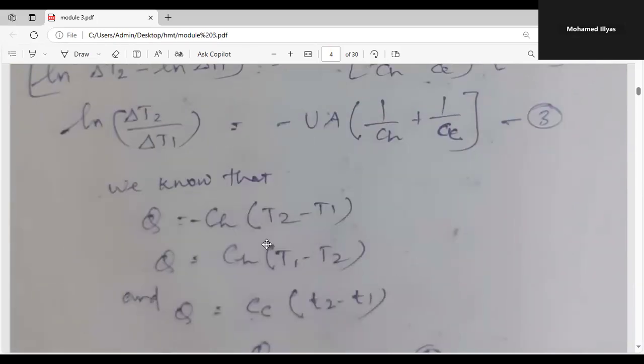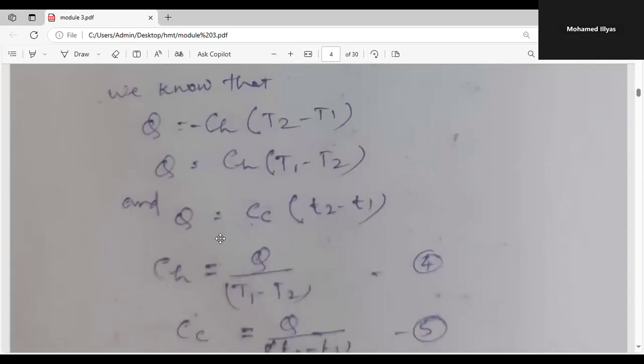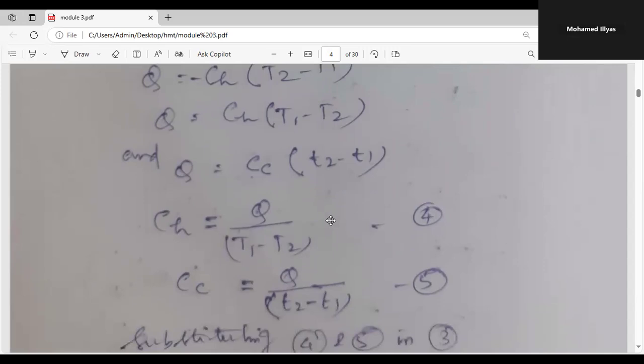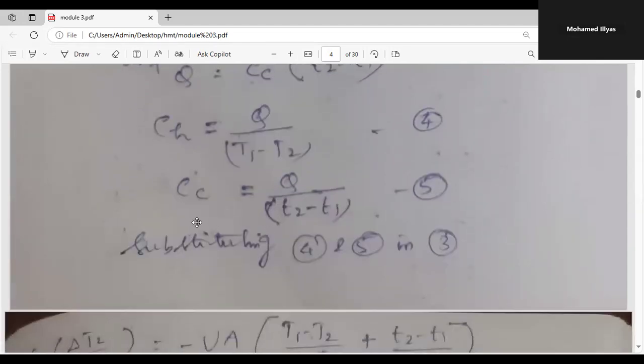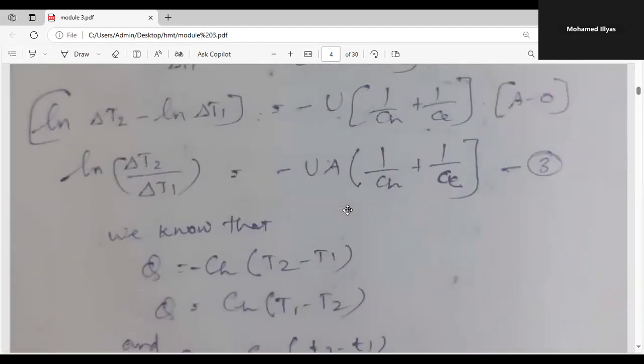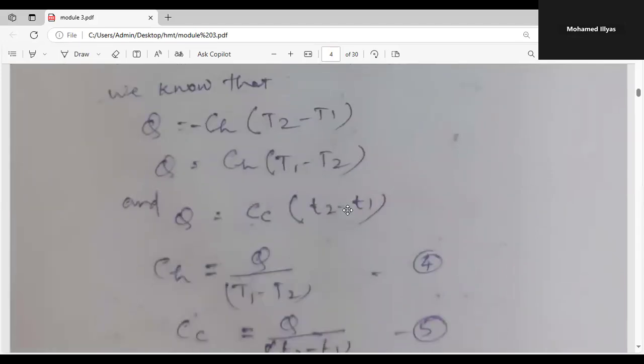And from the energy balance equation, we can write q equal to ch into (T1 minus T2) for the hot fluid, and for the cold fluid we can write q equal to cc into (t2 minus t1). And we can keep ch on the left hand side and write the other terms on the right hand side. Ch equal to q by (T1 minus T2) and cc equal to q by (t2 minus t1). So we'll substitute these two equations 4 and 5 in 3 here.